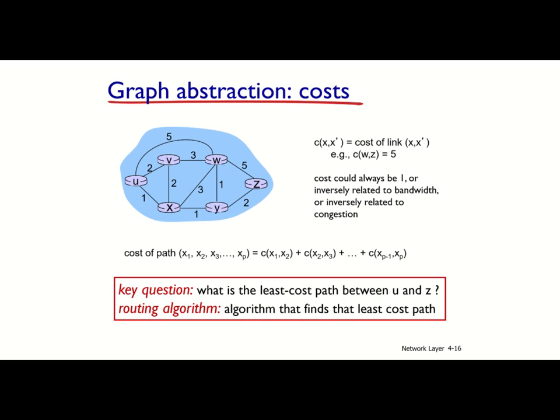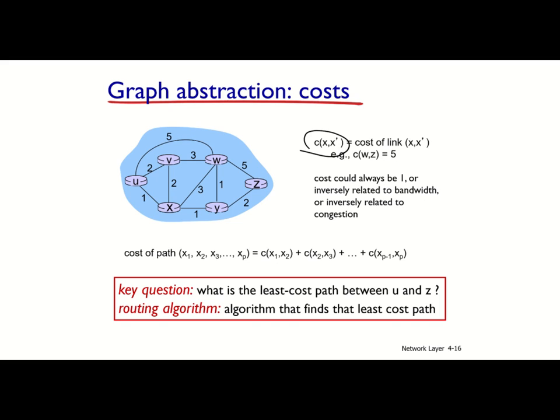Another notation that you need to remember is that the cost of every link is represented by this symbol C of x and x prime, where x and x prime are two adjacent nodes, or two adjacent routers, that are connected by a link. So C of x and x prime shows the cost of the link connecting routers X and X prime.